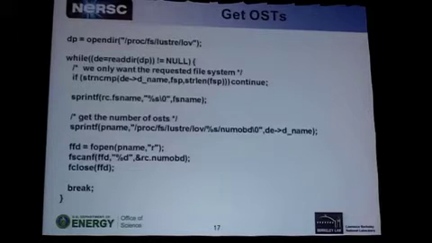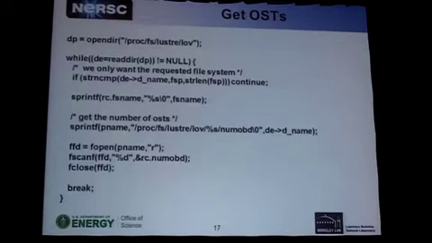Okay, so here's another little piece of code just to show you that you can do things like this. Suppose you want to know how many OSTs are in a file system. Here you're going through procfs lustre LOV, read through it, find the file system you're looking for, and then you go into that file system's directory in there, and you read out the number of OSTs.